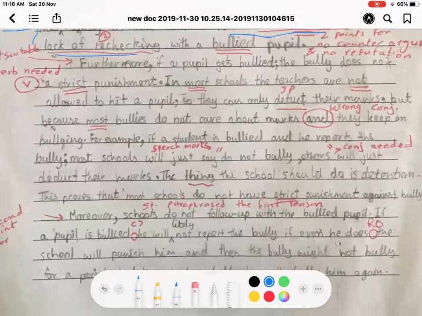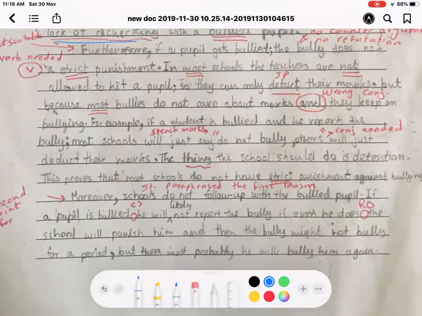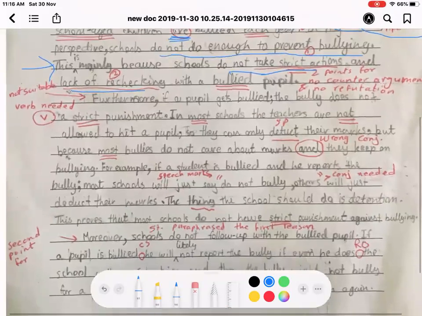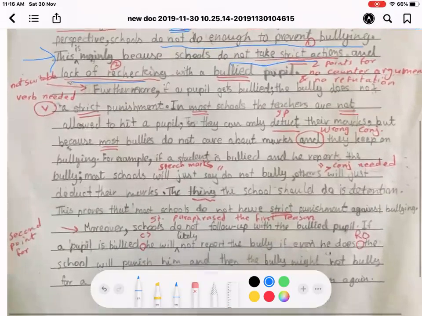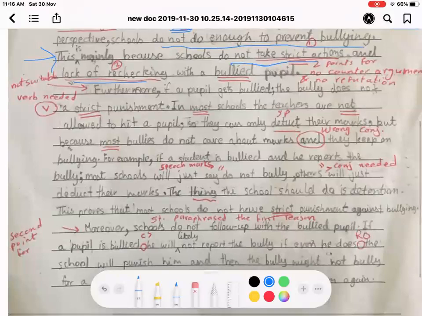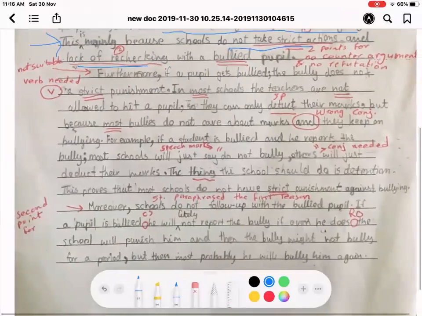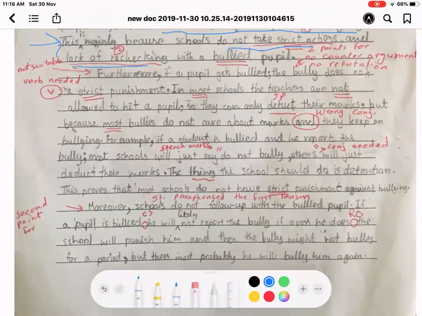Let's go to body one. Body one should be covering only the first point, which, according to the thesis statement, is no strict actions. He said here, "Furthermore". He should have started with another word like "first reason" or "firstly", mentioning that this is the first point.